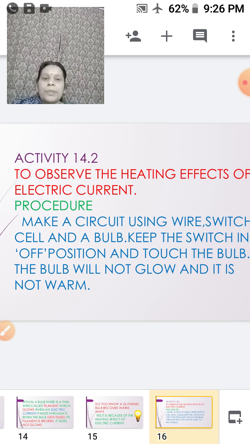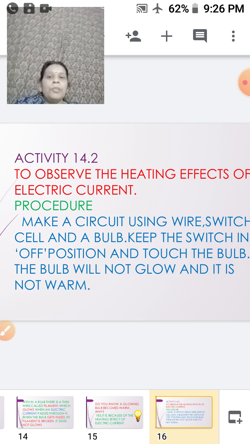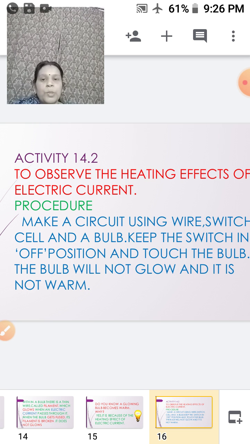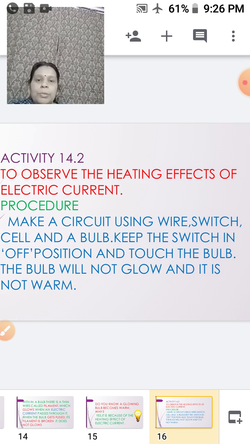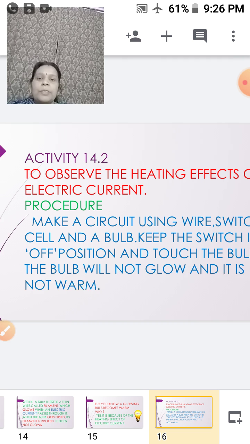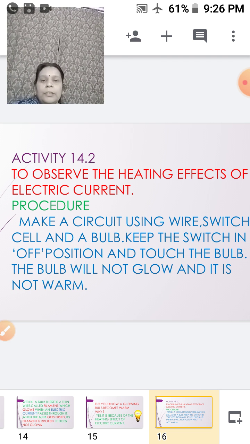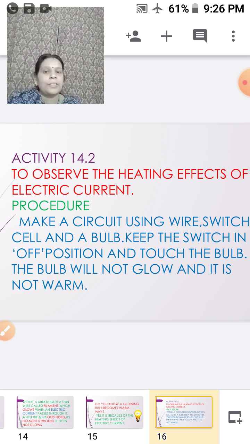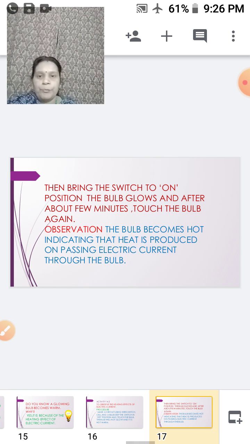So we are going to start off with activity 14.2 now. What activity is it? We will be observing the heating effect of an electric current. So what is the procedure? Make a circuit using the wire, switch, cell and a bulb. First we will keep the switch in the off position and we will touch the bulb. Since the bulb will not glow because it is in off position, it is not at all warm.